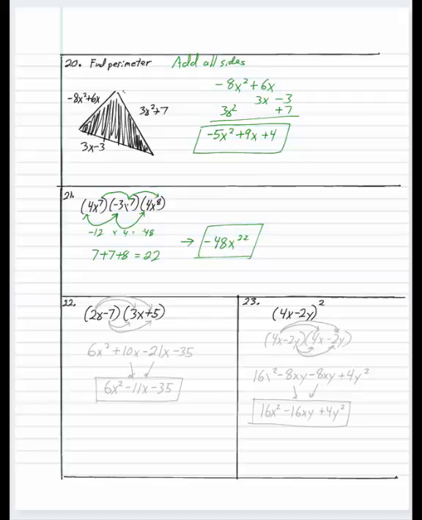Negative 7 times 3x is negative 21x. And finally, negative 7 times 5, negative 35. Further, we can combine the middle terms. 10 minus 21 is negative 11x, and everything else just comes down.